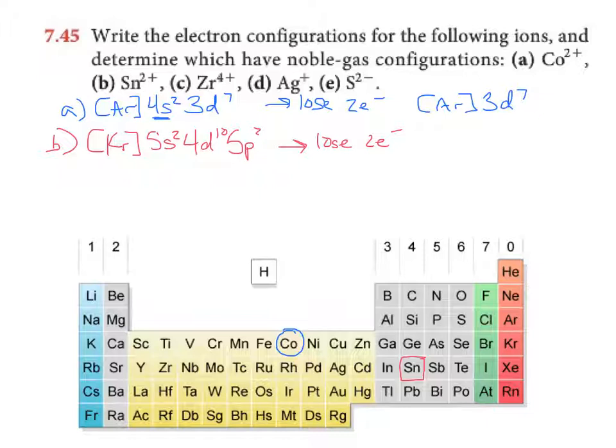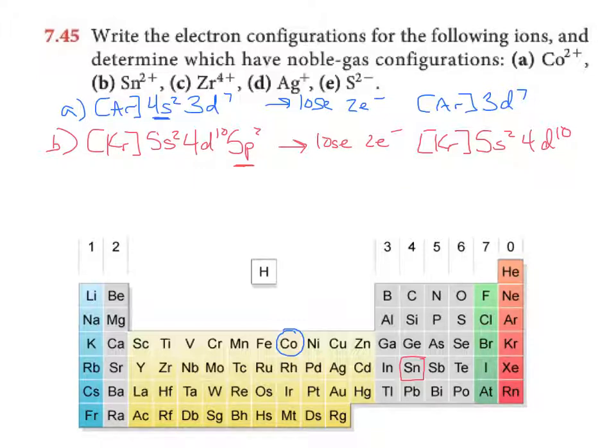All right, but so in this case, you can kind of go back to the idea that further to the right are your higher energy electrons. So once we get to the p orbital, it is higher energy than the s orbital. So if we wrote this out, it would just be krypton 5s2 4d10. Questions there?